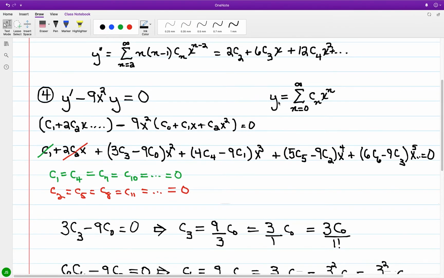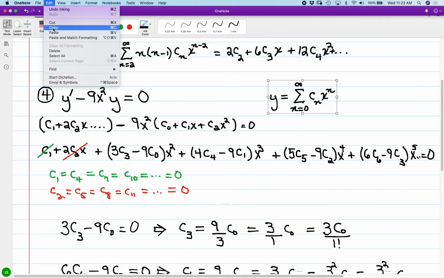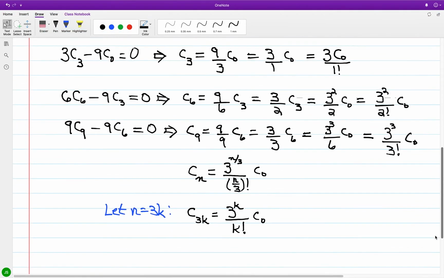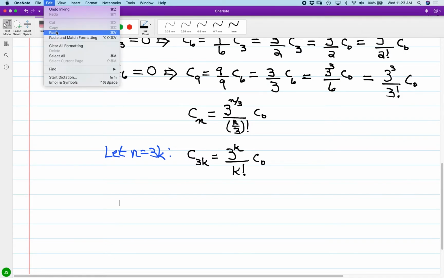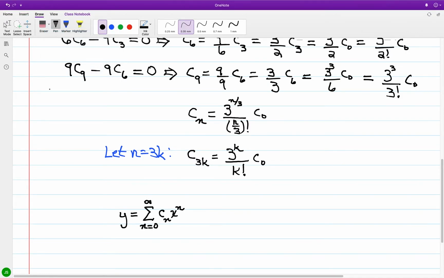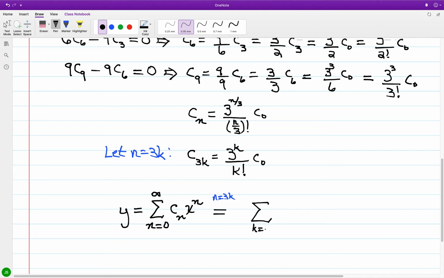And applying what I have for the general solution, if I let n be equal to 3k, I'm going to switch out the variable n for k.